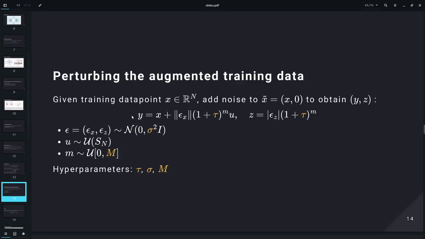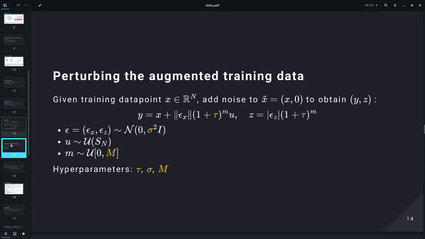So x and y are still vectors. If x is in Rn, y is also in Rn, but it's just some noise added to it. So it's still in the original data space. Oh, okay. So y is actually the x with noise added.